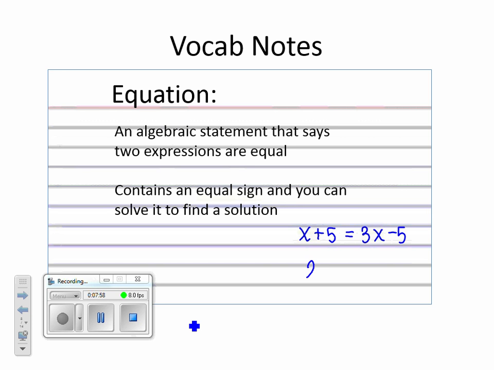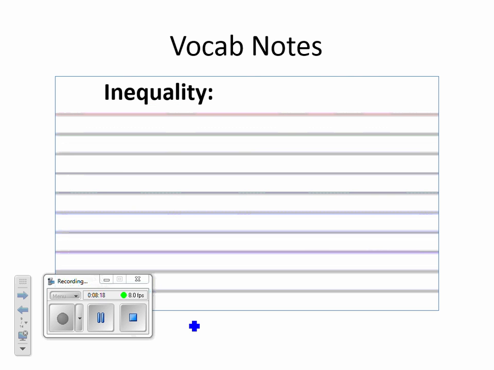Another equation could be 2x squared minus 3x equals 7. Those two expressions equal each other. They contain an equal sign, and you can solve them to find the solution. So we can figure out what x equals, and we'll be doing that at the end of the PowerPoint here.